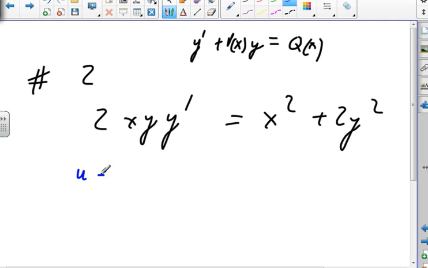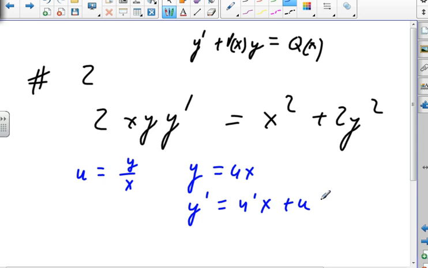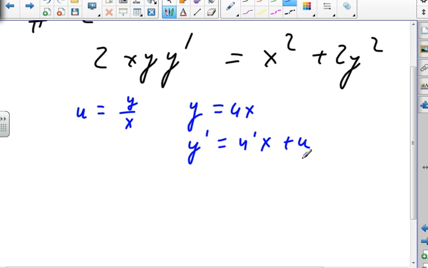I'm going to say u is y over x. Well, if u is y over x, then y is ux, and y prime is going to be u prime x plus u. Okay, that makes sense? Can I do that? All right, now that I've done that, I'm going to substitute into the formula.